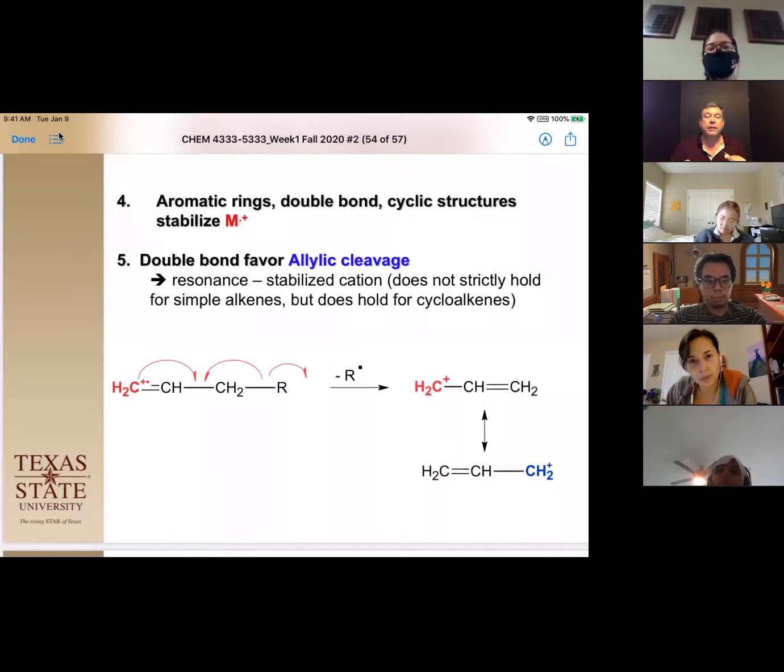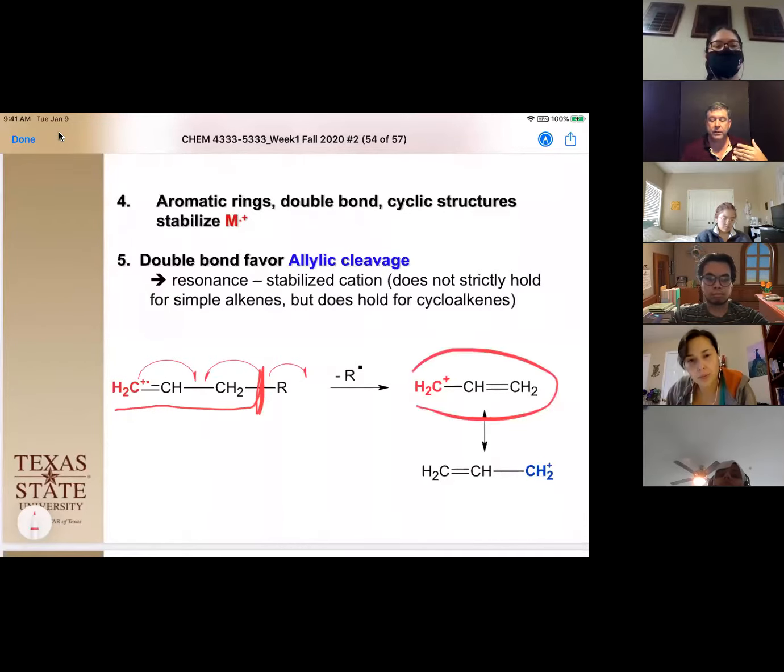Rule number 5 is when you have a double bond, either on the end of a chain or in the middle of a chain, instead of having just that double bond break off as 2 carbons and 3 hydrogens, you're more likely to see a 3-carbon fragment break off. And that 3-carbon fragment breaks off because of allylic cleavage. It cleaves 1 bond over from your double bond, giving rise to radical cations that are stabilized because they have resonance.